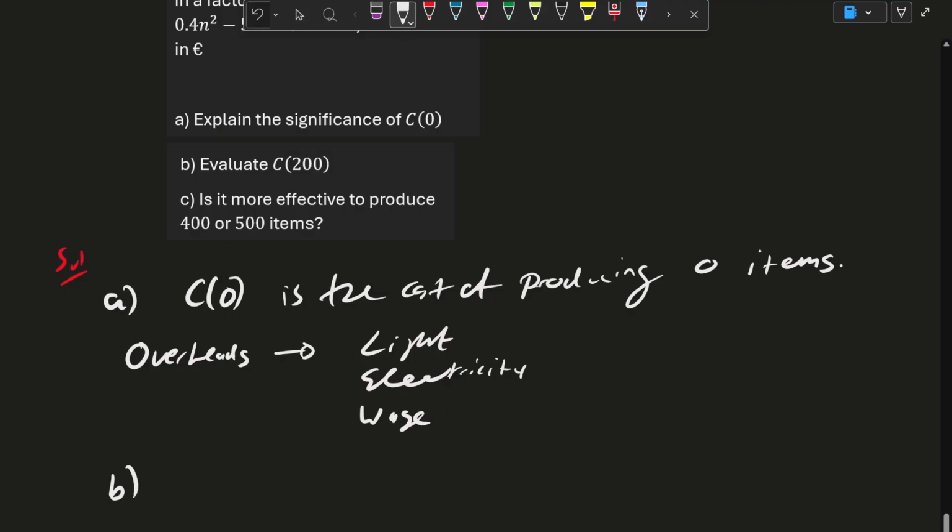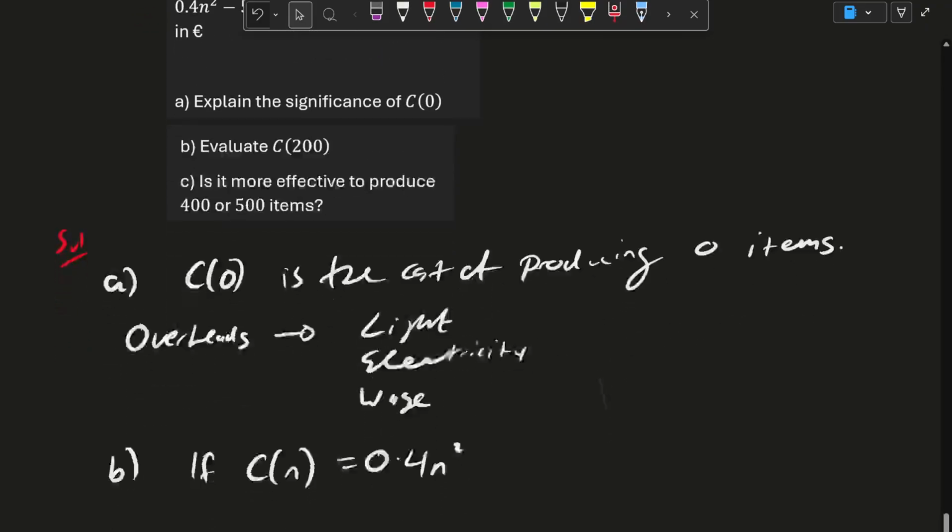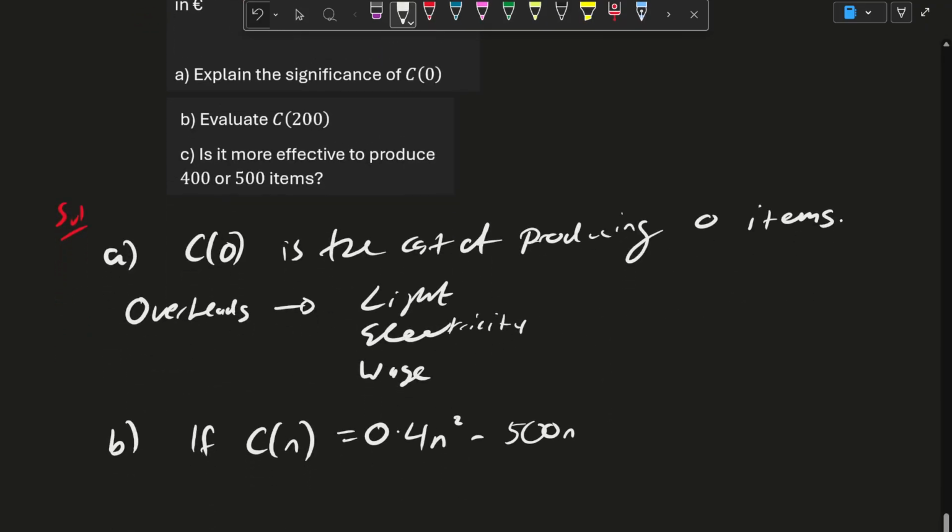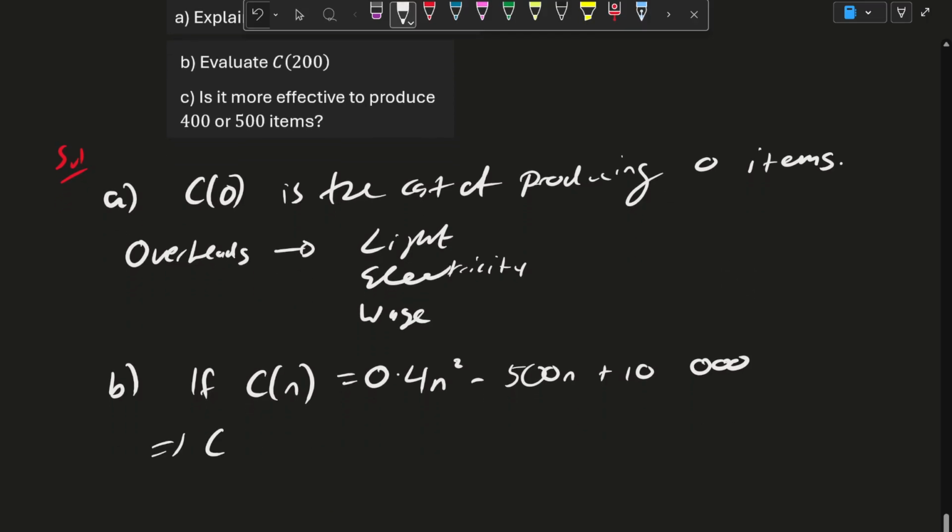So part B evaluates C200. So if Cn is 0.4n squared, take away 500n plus 10,000, then C of 200 is just subbing 200 into that expression.